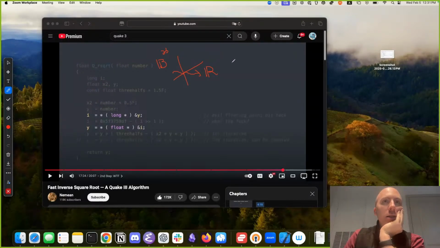We're still the same exact bits. We're just viewing it as a float now instead of a long, so we can't directly manipulate the bits anymore. These are just bits that we're dealing with, but we're treating them as a float.